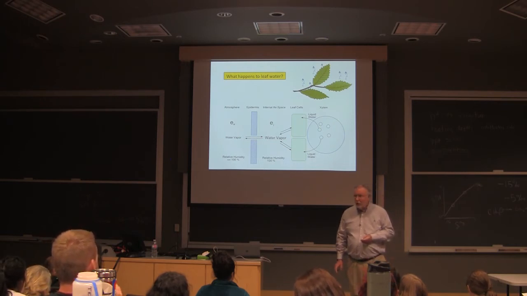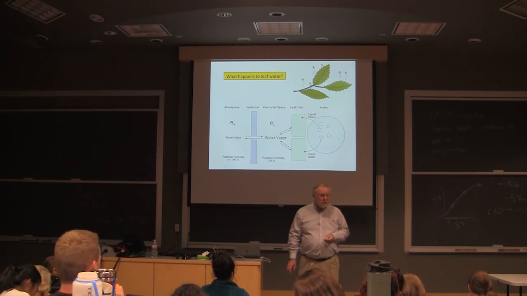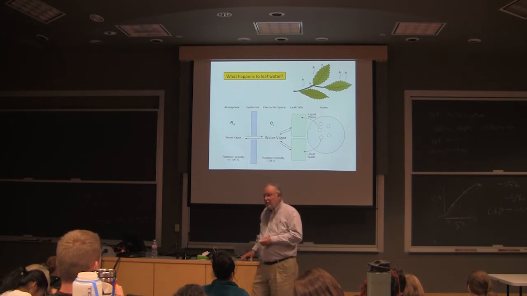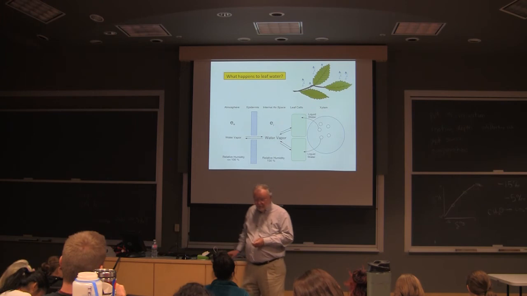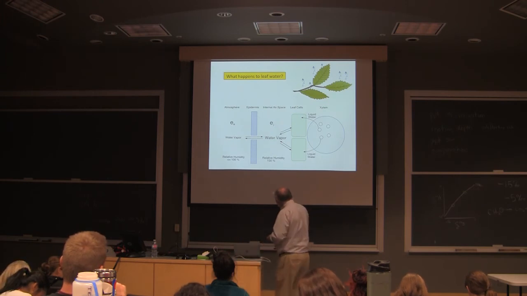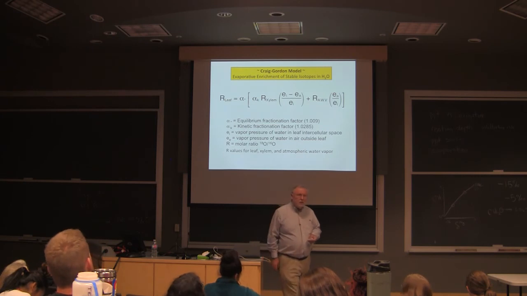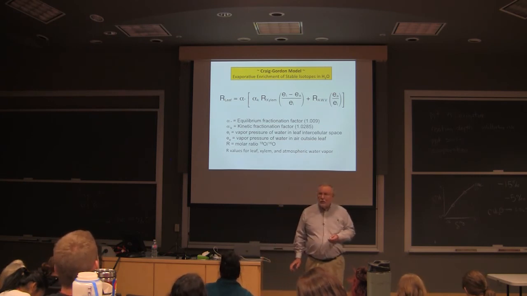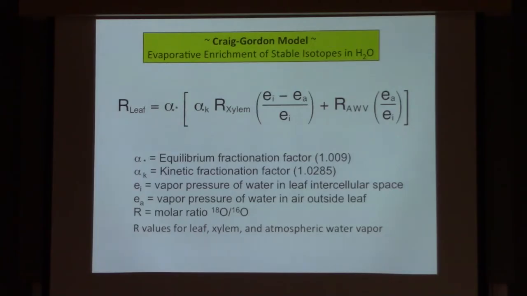Leaf water is always going to be enriched, and the degree of enrichment is going to depend on the humidity. Just like the deviation from the New York water line was different from the Amazon River than it was from the Rio Grande. That's very predictable. And of course, the model that I'm going to use is the Craig-Gordon model. It's the same model. So I won't spend much time on it, but it's the same model.